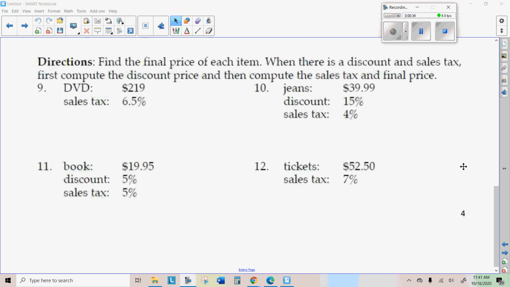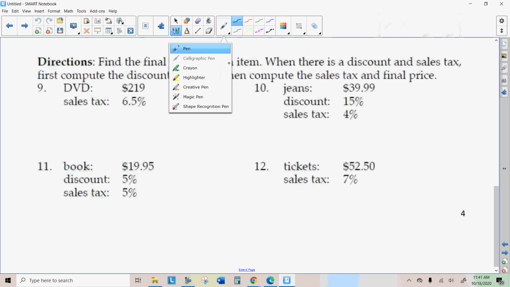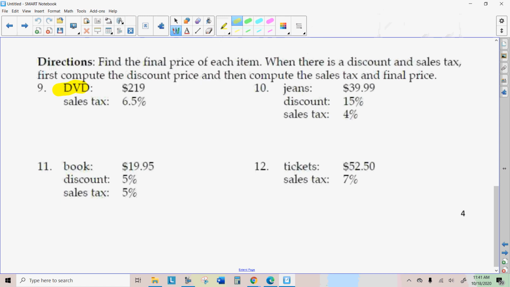So some of you have a little bit of an idea how to do something like this. Let's say we go to a store and we buy a DVD for $219, and then we have to pay sales tax of 6.5% on that. Actually, sales tax is a little higher than that right now, but we'll go with that.